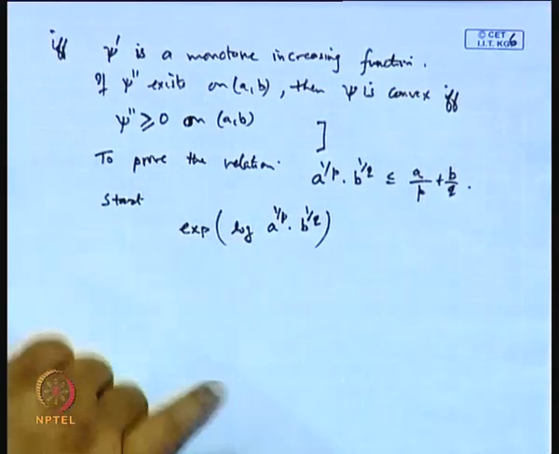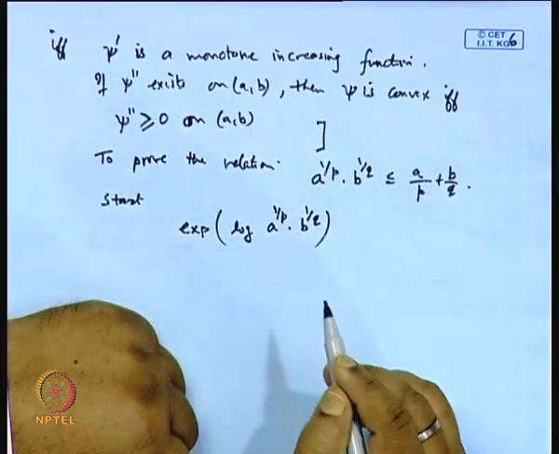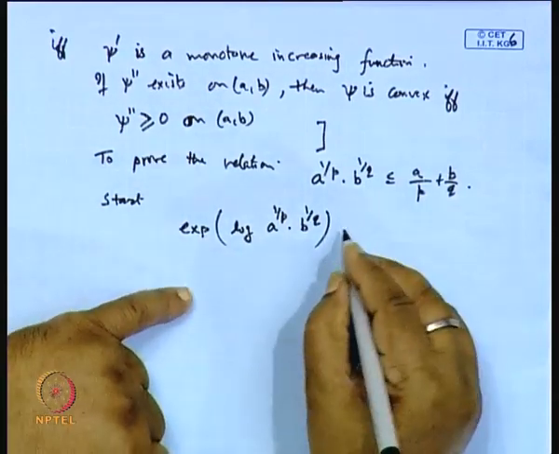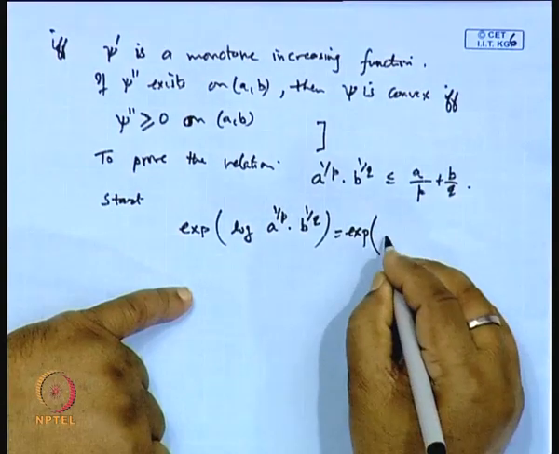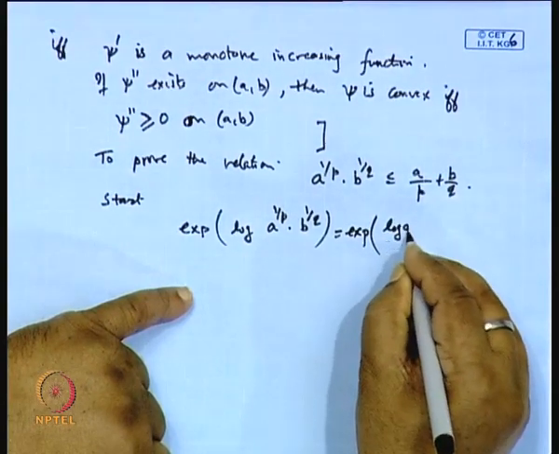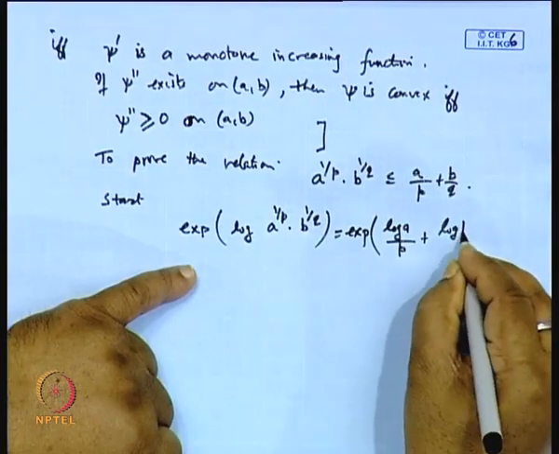So, it will not affect the expression, which remains a to the power 1 by p, b to the power 1 by q. But the advantage of doing this is we can write the expression as exponential of log a by p plus log b by q.